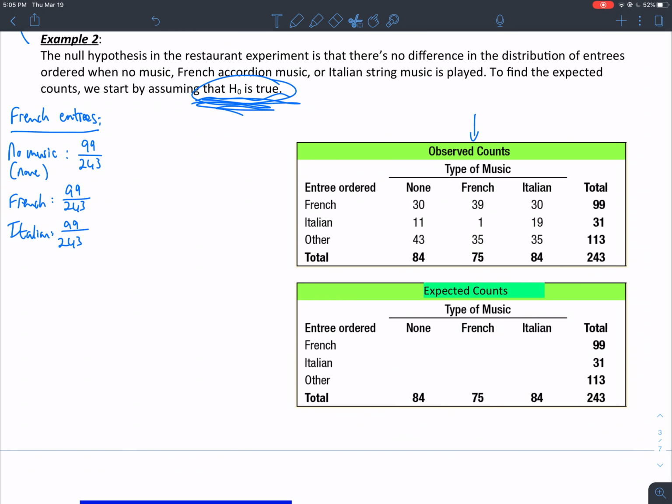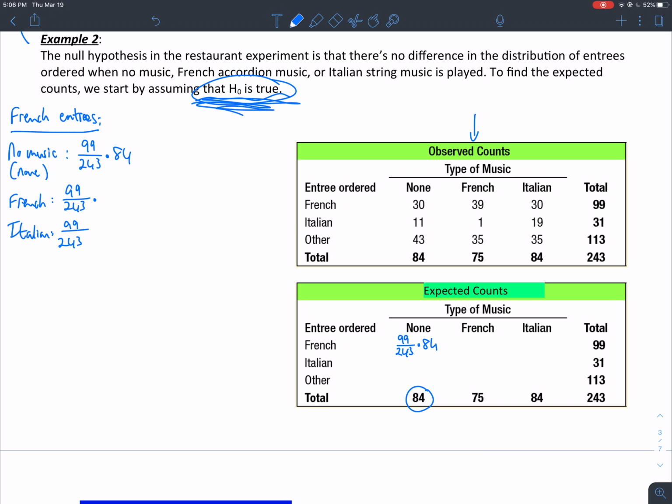What I'm going to do is say, for the non-treatment group, it's 99 out of 243 times 84, the total number of entrees in the non-treatment group.